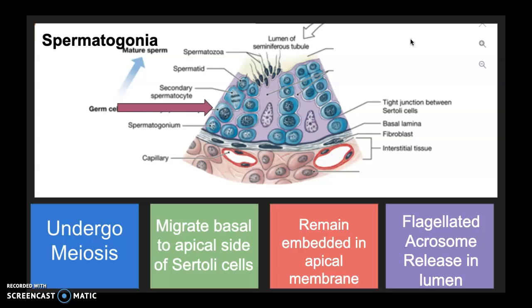migrate from the basal side to the luminal side of the Sertoli cells. And as they do so, they continue through the meiotic divisions until eventually they reach the apical side, where they remain embedded in the membrane to mature.